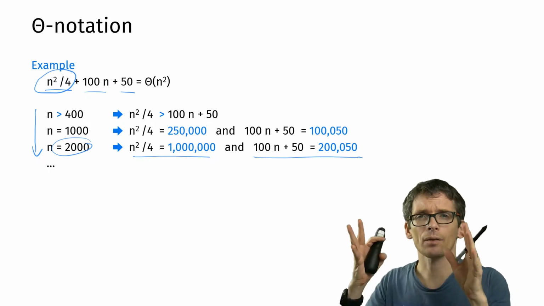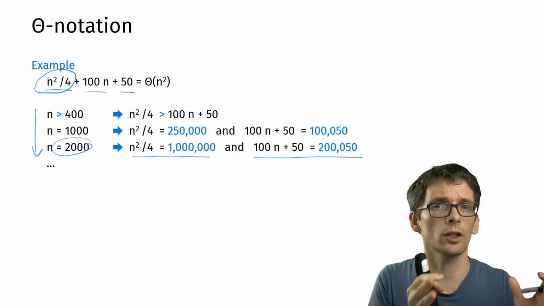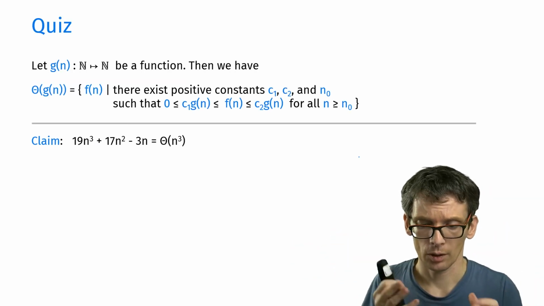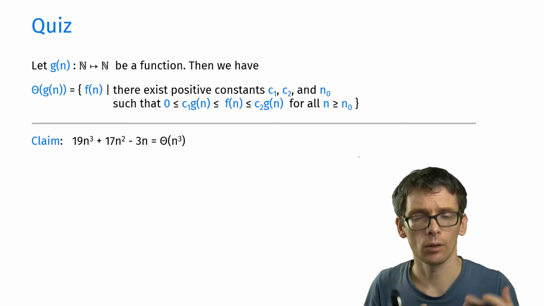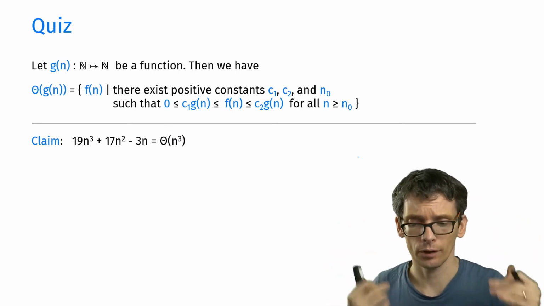Okay, so we have an intuition of what growth rate should be, and we have a definition of what growth rate is. Let's look at some more examples that show us that the intuition and the definition actually match.